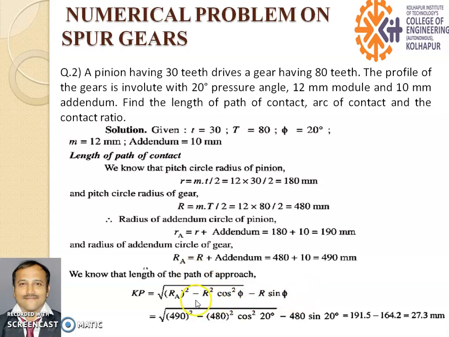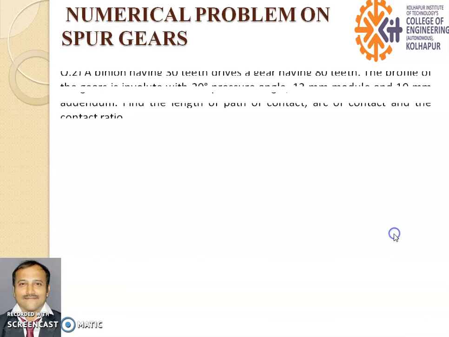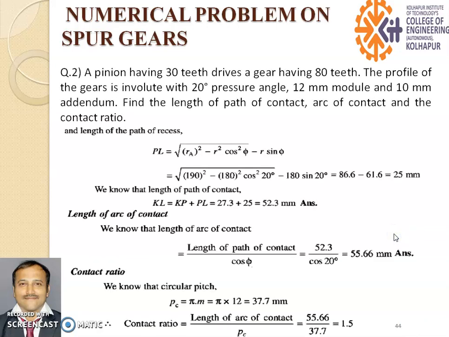If we put the value of capital RA and R as well as phi, we will get the answer, length of path of approach 27.3.